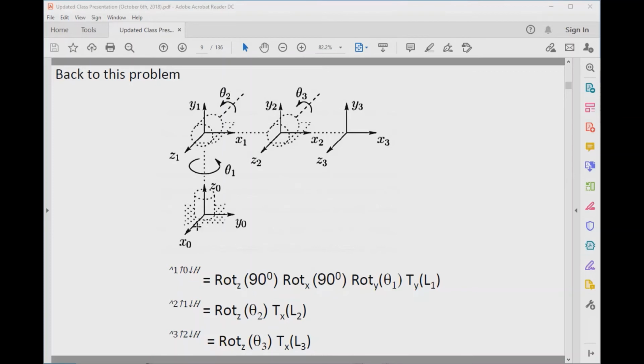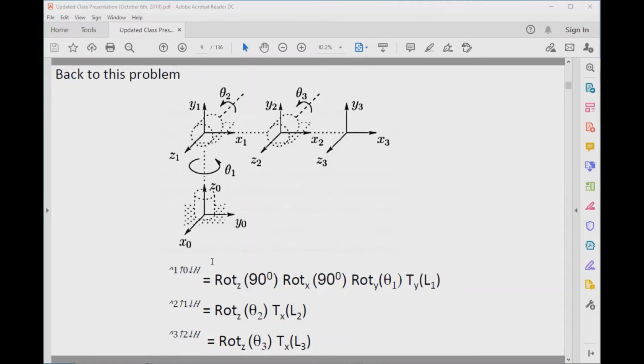The x0 component of x1 is going to be minus sine theta, the y component is going to be cosine theta 1, and then the z component is going to be 0. You rotate this frame by theta 1, then z1 is going to be pointing like that. So you can quickly see that it's very simple.